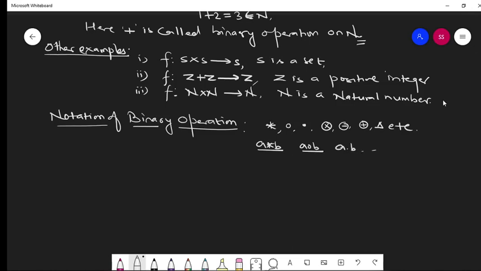So we can use these symbols as notation for the binary operation.